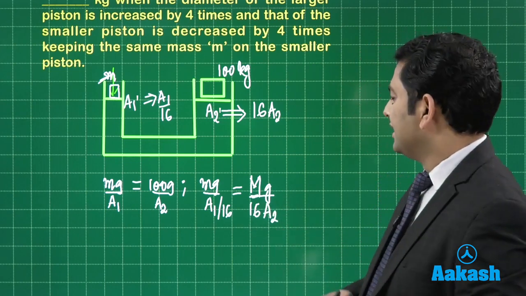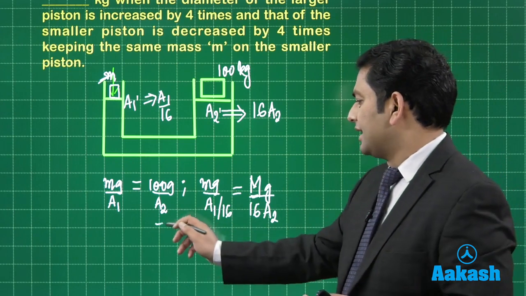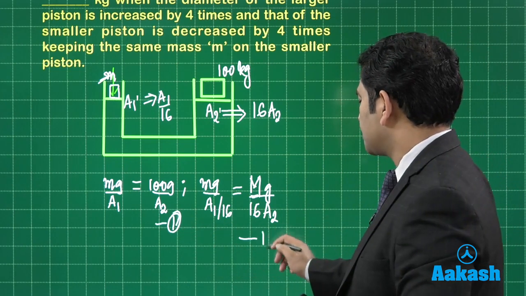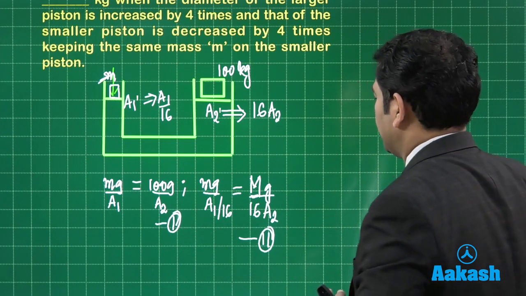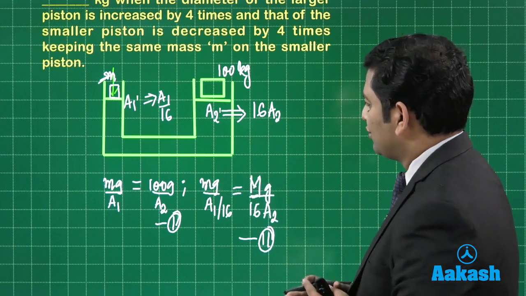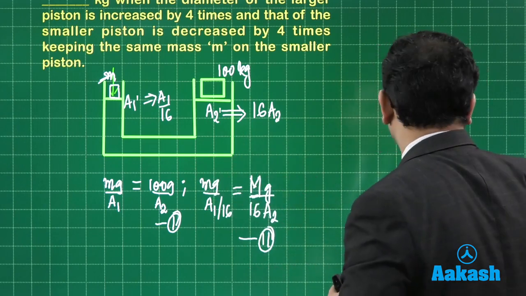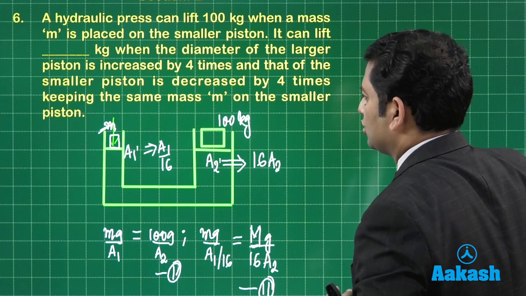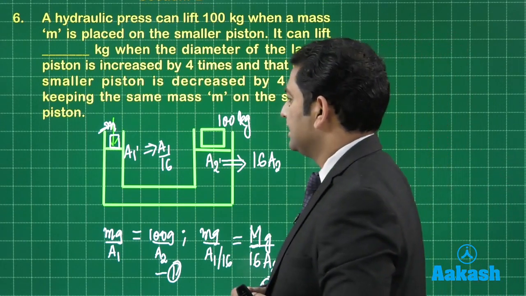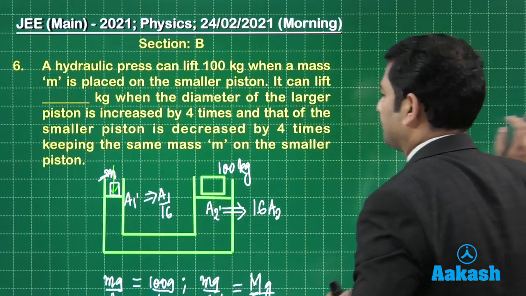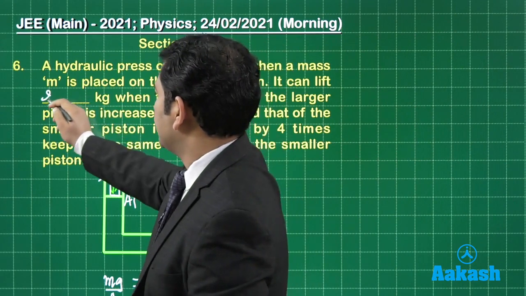So you can easily see, if you just divide equation 1 by equation 2, then 16 into 16 will be 256. There is another 100 there. So you are going to get 25600.